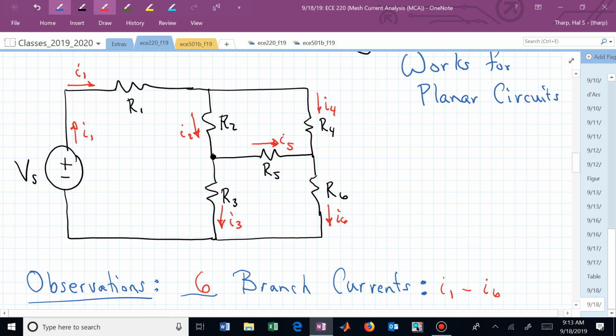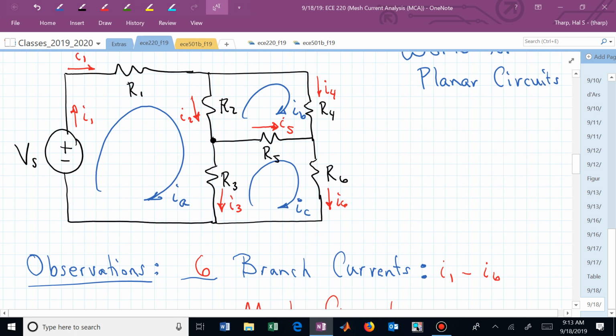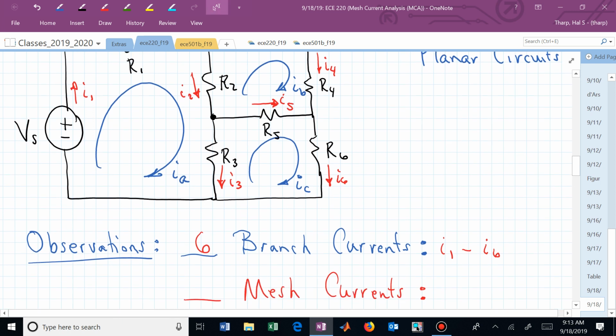The mesh currents, in contrast, are now associated with these meshes that we can identify in this circuit. Here we see 3 meshes. Let's say here is the A mesh, and we'll label that as I sub A to be the mesh current I sub A. Here is mesh current I sub B, and here is mesh current I sub C. And I color-coded this wrong, didn't I? But anyway, we're kind of contrasting.